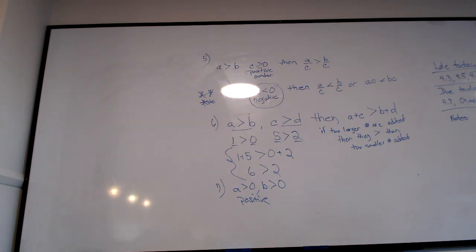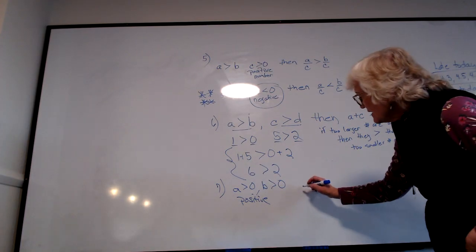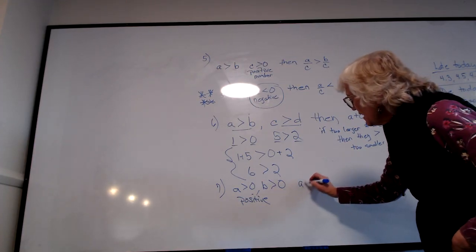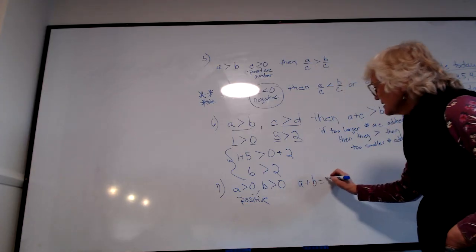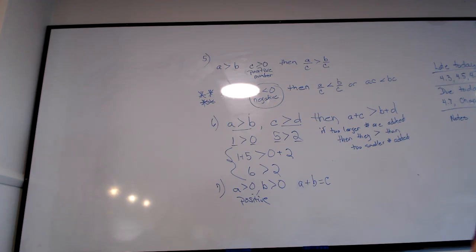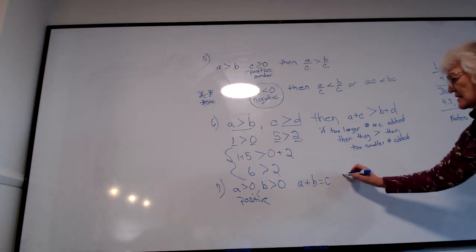So if A and B are both positive, and I say that A plus B is equal to C, in other words, if I add those two together, they equal C. Okay, so we're given those two things.